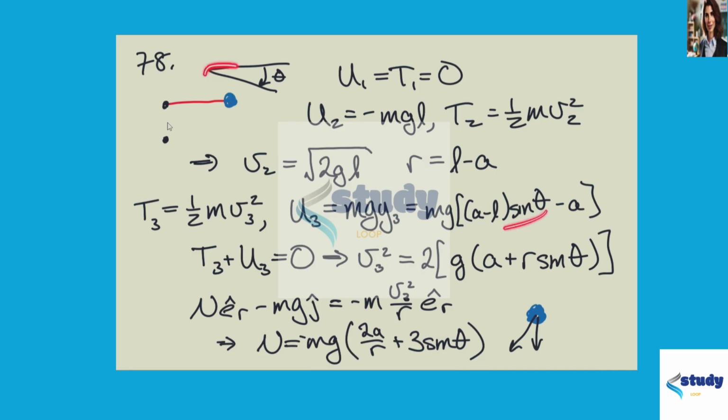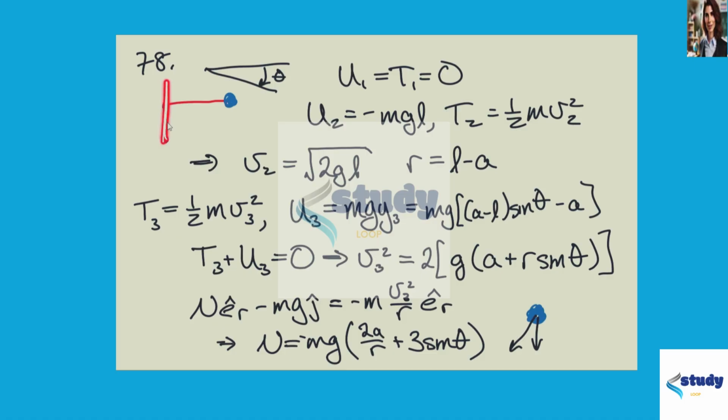So the critical point is going to be when theta comes back around to here, and that's 3 pi over 2.